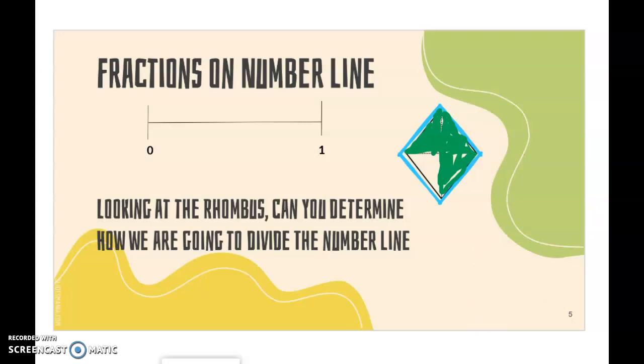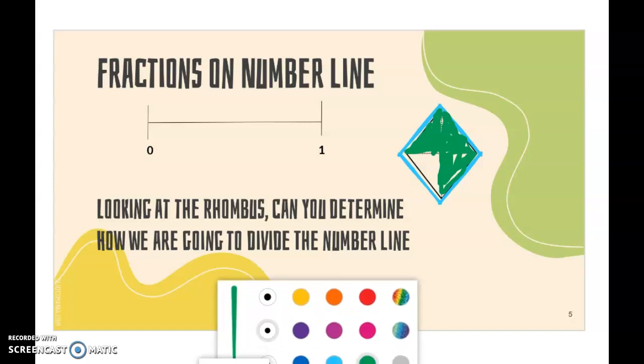So now you can see I have shaded parts of my rhombus. It doesn't change how many parts I have because I still have 4 parts. The only thing that has changed, now I have shaded certain areas of the rhombus, but they still have the same equal parts.